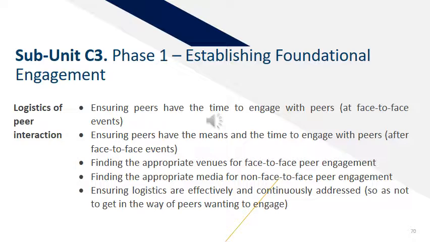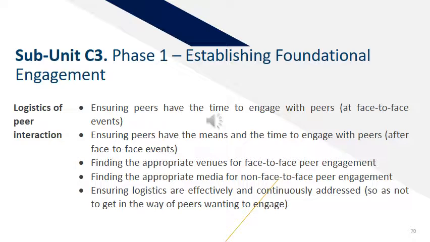Finding the appropriate venues for face-to-face peer engagement, and finding the appropriate media for non-face-to-face peer engagement, is important because communication is key. Communication is key in almost everything, but in peer learning it is absolutely vital. If the peers don't have the possibility to communicate easily telematically, it will be very hard for the engagement to keep up in the long term.